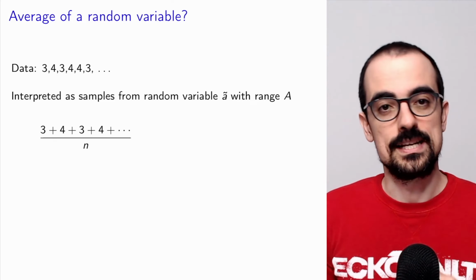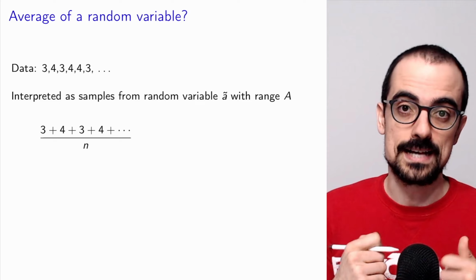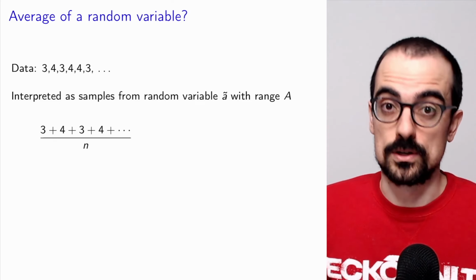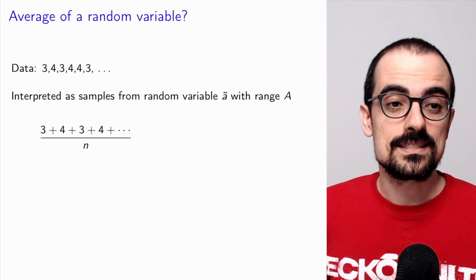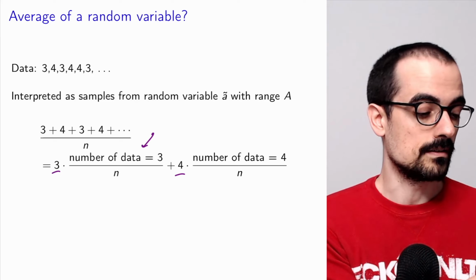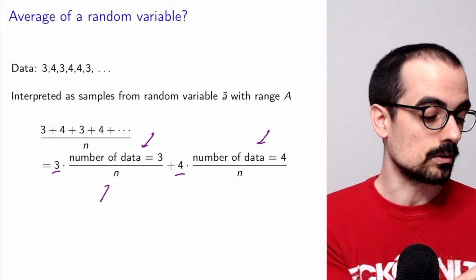The average is obtained by just summing all the samples and dividing by the number of samples. This, in fact, is equal to each of the possible values of the random variable, in this case 3 or 4, multiplied by the number of data that are equal to those specific values, and then divided by the total number of data.